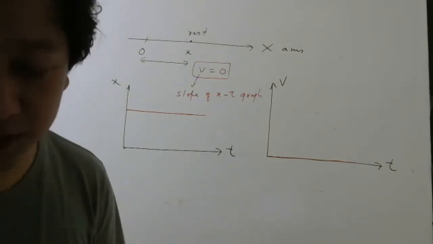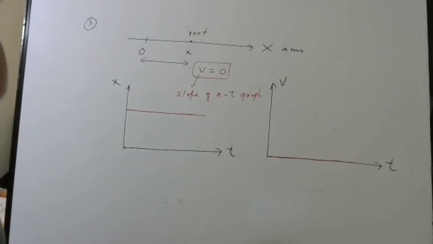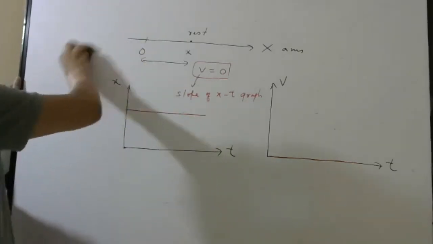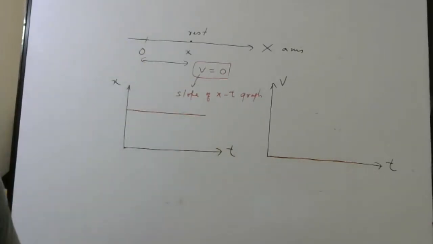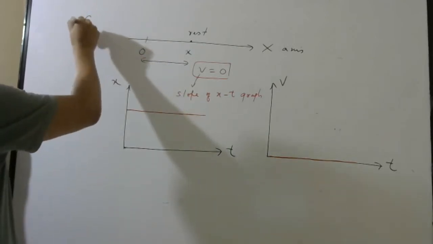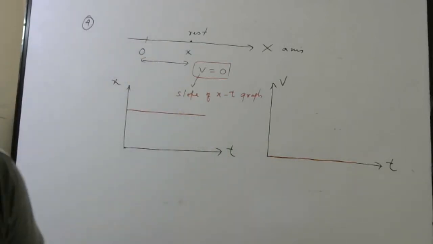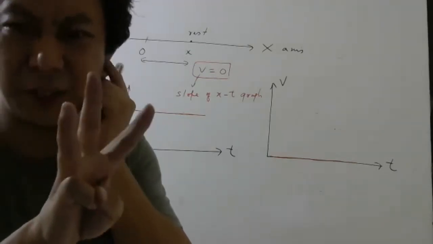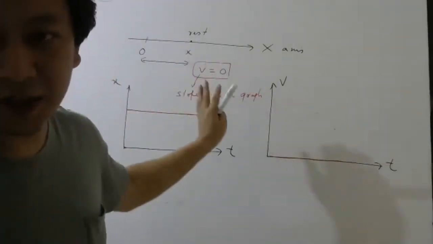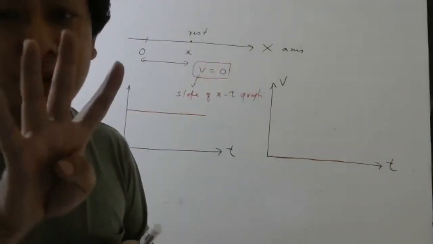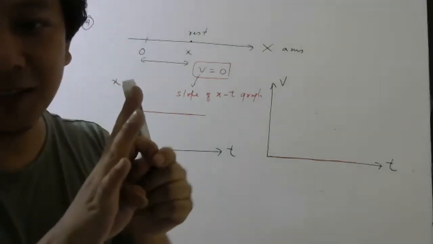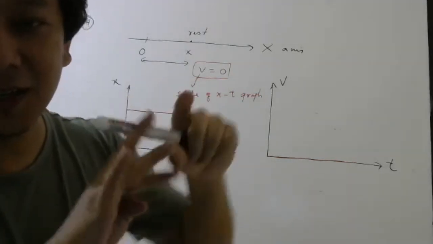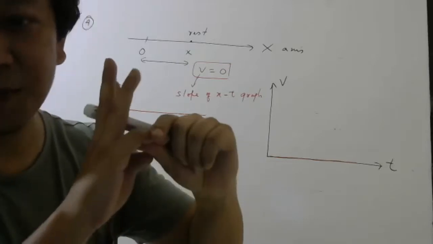Okay, so this is the first one. Let's do the third one or fourth one. I don't know why there are so many situations. There will be 4 situations: it will be at rest, it will move uniformly, it will move faster, it will move slower.